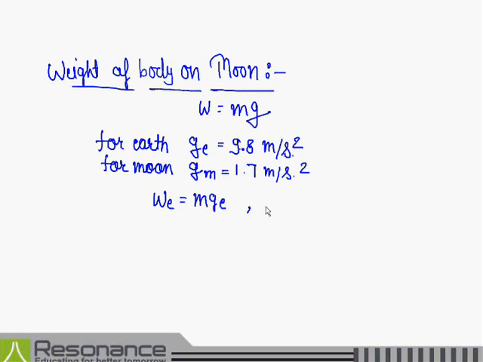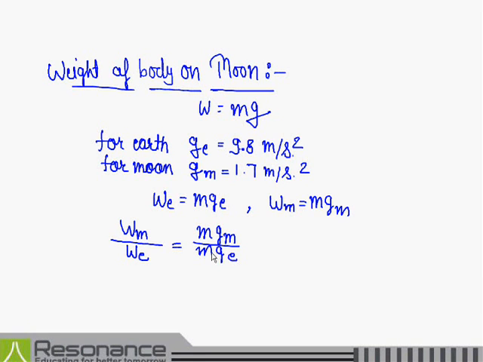Now, when we find the ratio between Wm, which is the weight of body on the moon surface, to weight of body on the earth surface, we find Wm upon We, which is mgm upon mge, which equals gm upon ge.